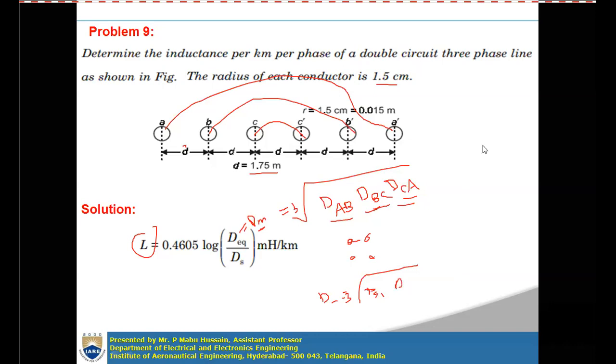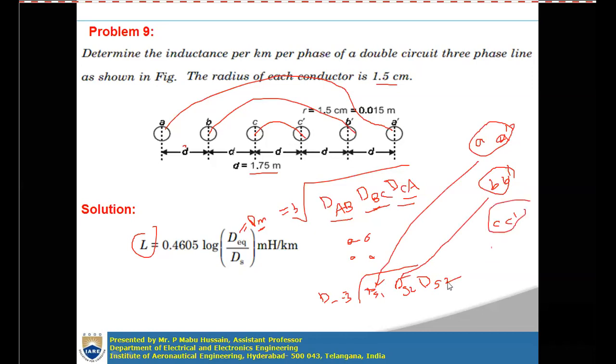If you consider B, you have B dash. If you consider phase C, you have C dash, right? So for this, what is the self GMD? That is DS1. For this, that is DS2. For this, that is DS3. The cube root of all these products is the actual DS of the entire transmission system.